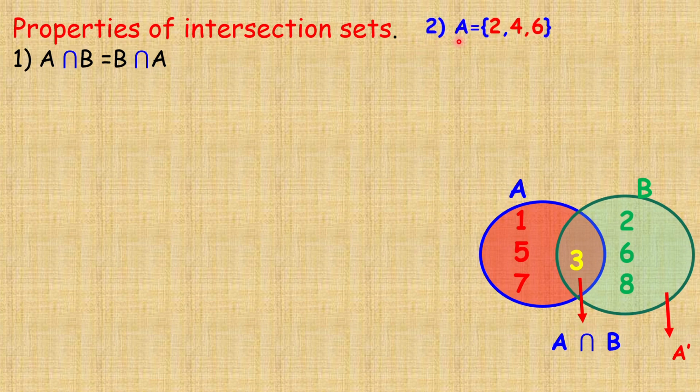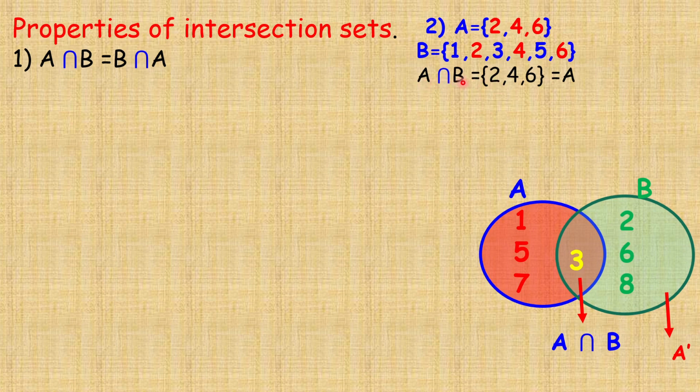Second property. Set A is given. Elements of set A are 2, 4, 6. Elements of set B are 1, 2, 3, 4, 5, 6.